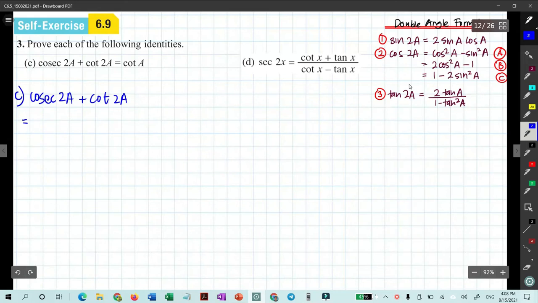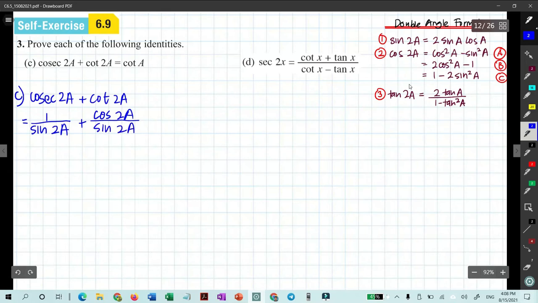Cosecant can be written as 1 over sine, so here we get 1 over sine 2a, and cotangent can be expressed as cos 2a divided by sine 2a.